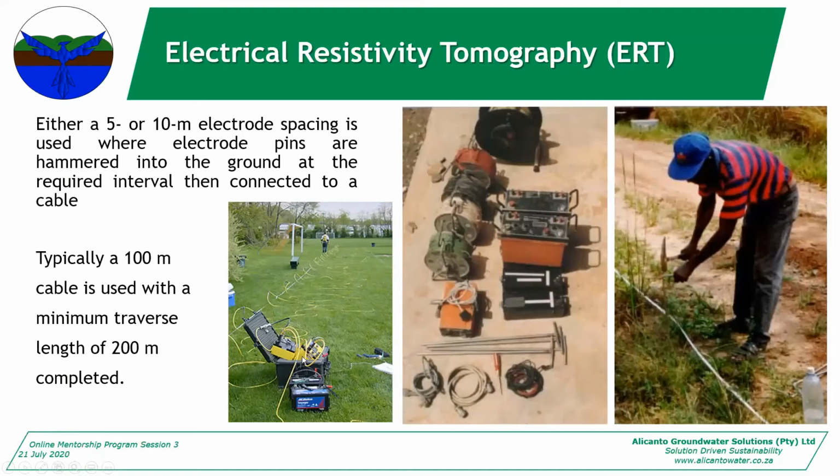Oh, I see. So the control box assigns the lettering and the numbering to the electrodes that you've hammered in along your cables. So it's literally a control box. Yeah, in the very, very old days, you would have to do this manually.